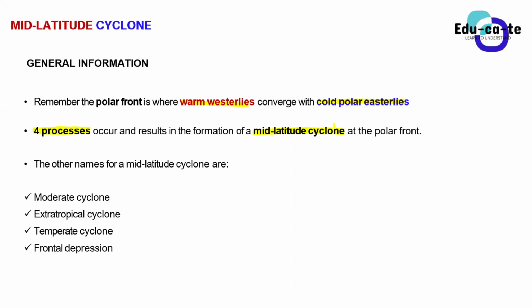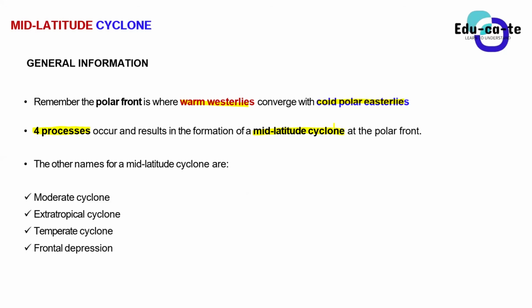Yes, Sam, what's the question? So, sir, there is no need to know cells, like the Ferrel cell and so forth? Well, for this one, the cells are not really important. You guys can do revision on the cells, the Ferrel cell, the mid-latitude cell, and all of those cells and pressure belts. But for now, when it comes to the mid-latitude cyclone, it doesn't really play that much of a role.